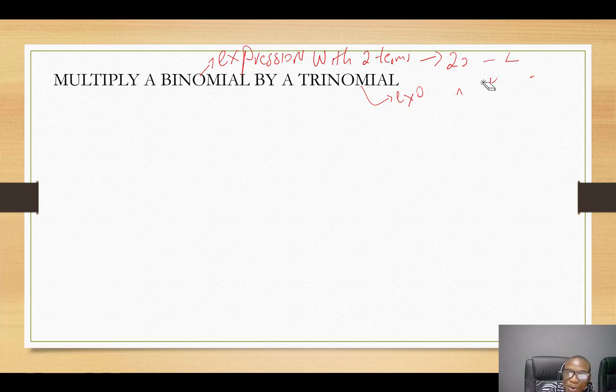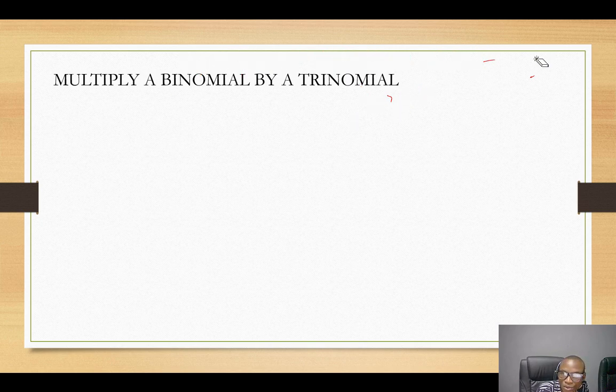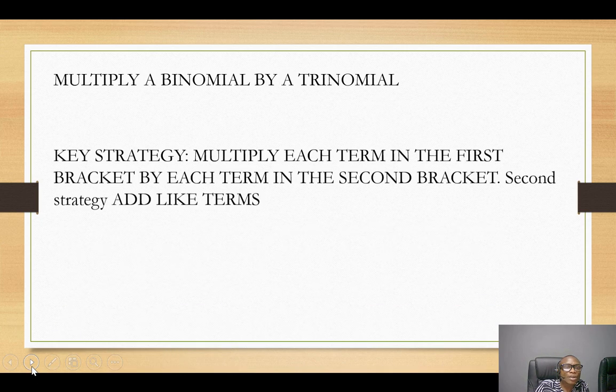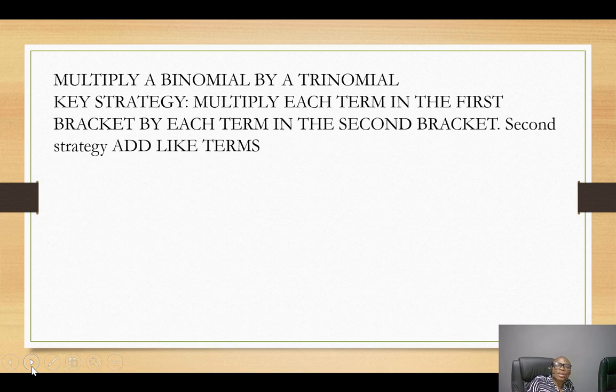Bear with me while I'm erasing here. Now, okay, I will explain here. They say the key strategy. What are the strategies that we are going to use when we multiply a binomial with a trinomial?